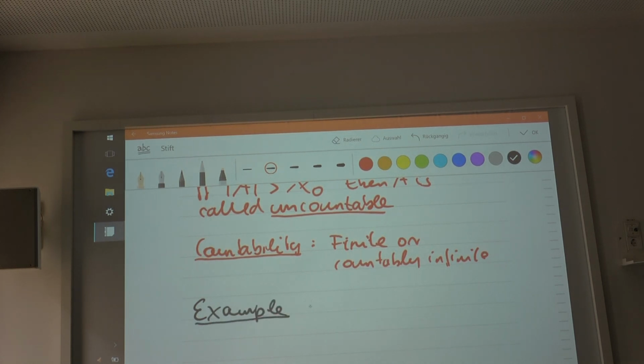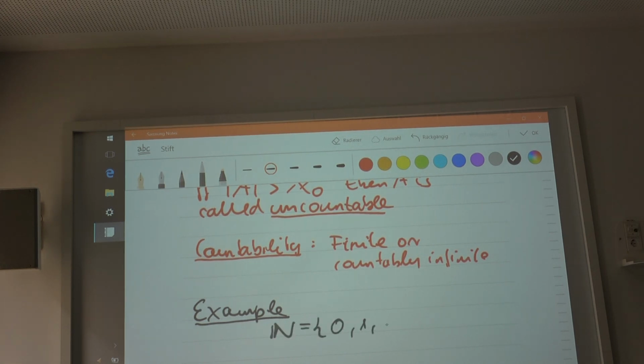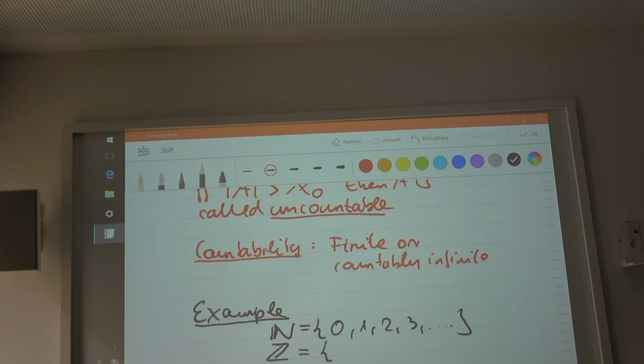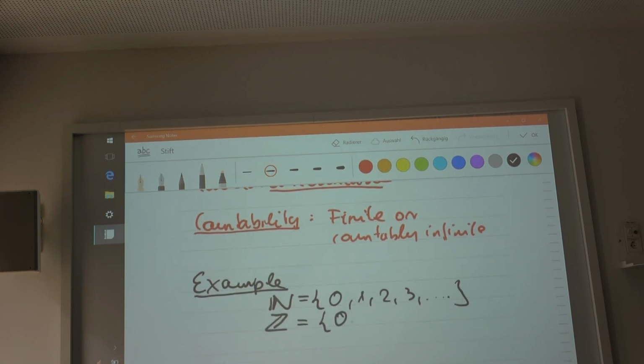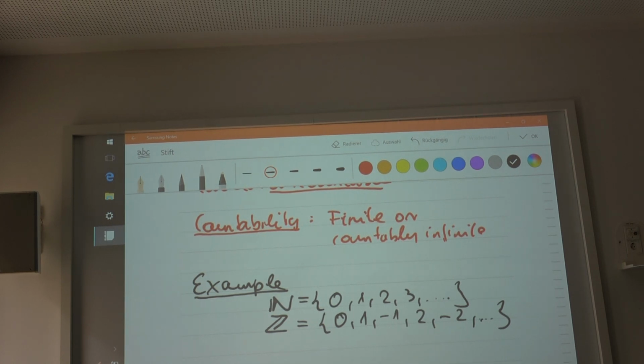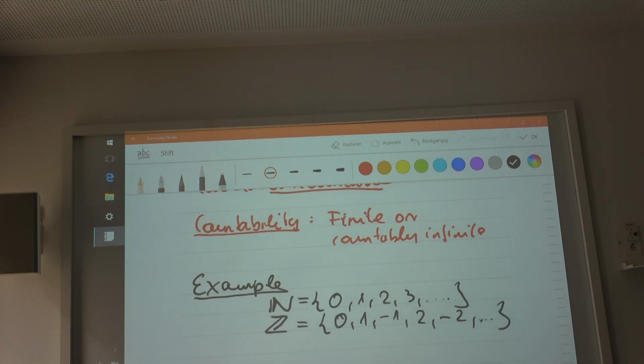The set of natural numbers, including 0, is, as you've seen, 0, 1, 2, 3, etc. And the set of integers, denoted by capital Z, is 0, 1, -1, 2, -2, etc. Now, this is kind of interesting, because you see that the set of natural numbers is a strict subset of the integers.